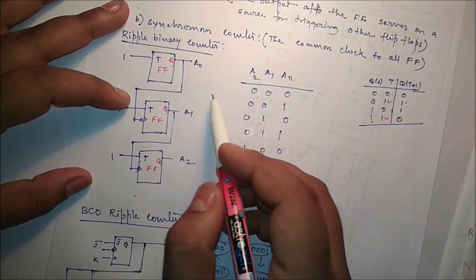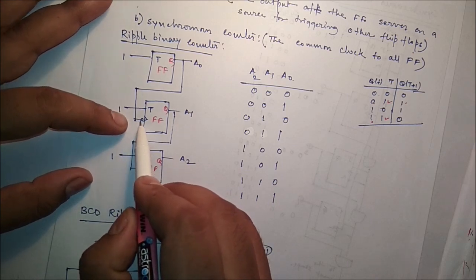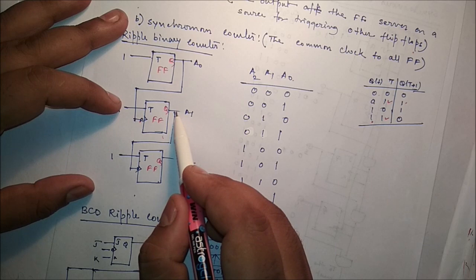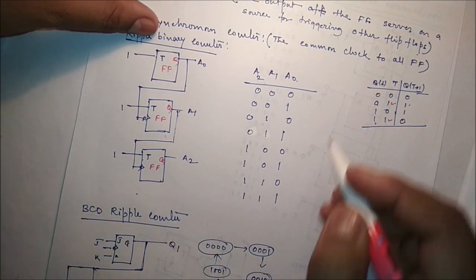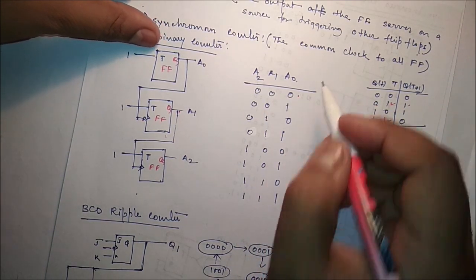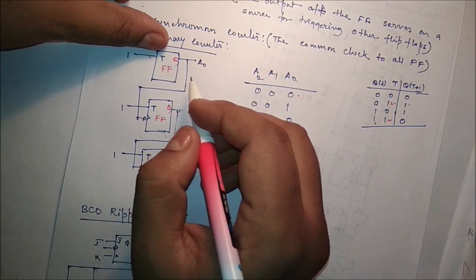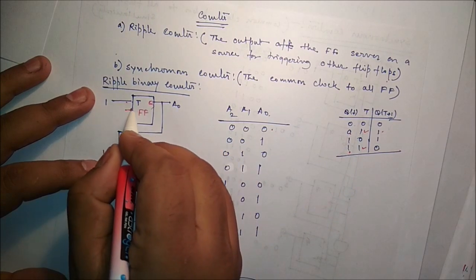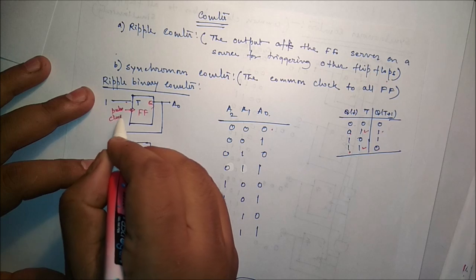Now here the output of the flip-flop goes to the triggering part of the next flip-flop, or the output of this flip-flop serves as a source of triggering of the other flip-flop. Now we can say initialization starts with 0 0 0, and we have to count one pulse or clock.